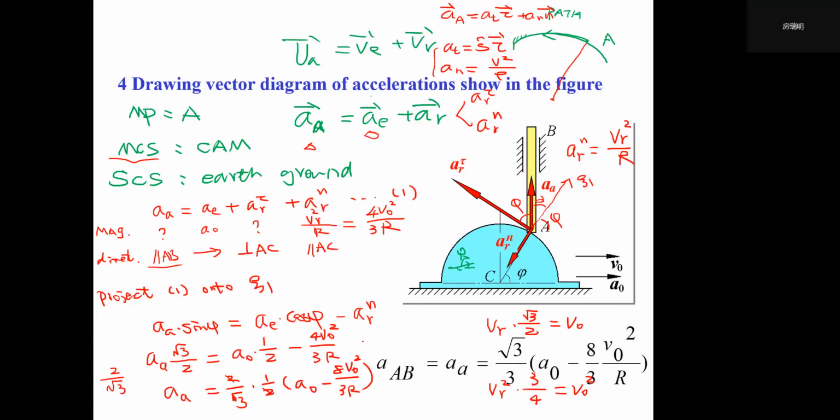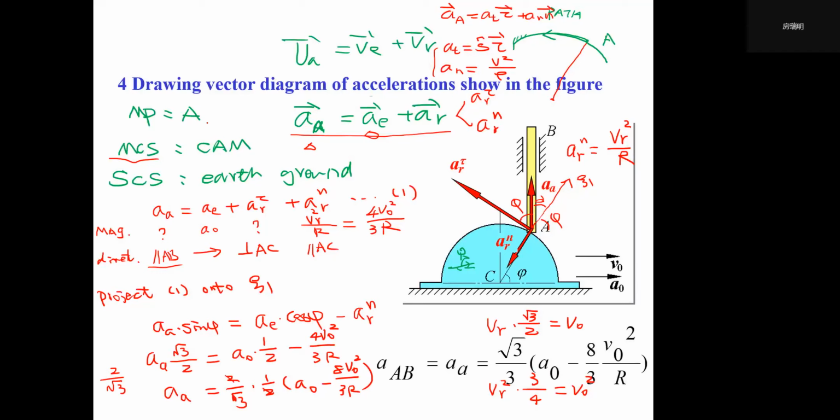So after introducing this example, I have told you guys how to use this vector equation about the theorem of composition of acceleration to find some things. I hope you guys can understand, but if you can't, that's fine.